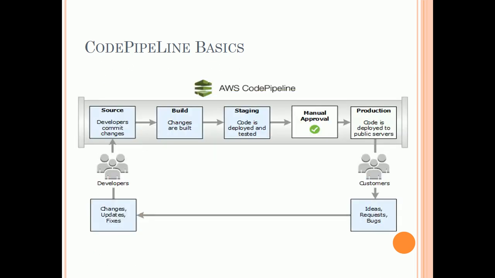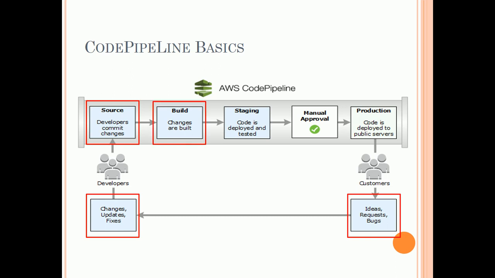Let's understand the basic Code Pipeline workflow. When any idea, bug, or request is reported by a customer, developers will modify the code accordingly. And after modifying, the developers will merge the code and then commit the changes to the source repository like CodeCommit or GitHub. AWS Code Pipeline automatically detects the changes and those changes are built.